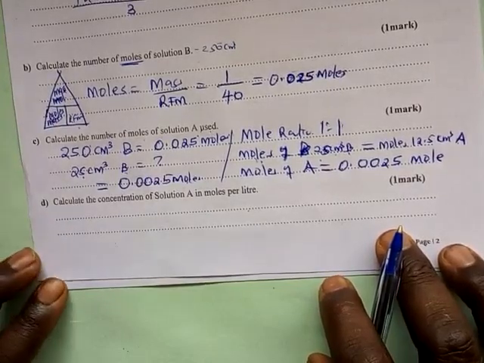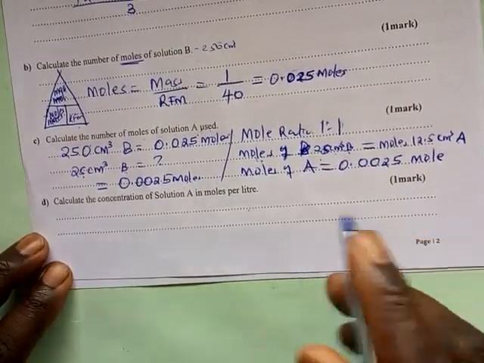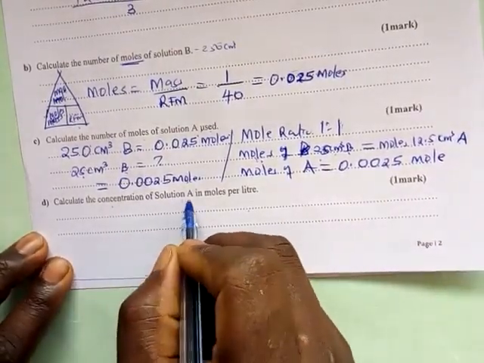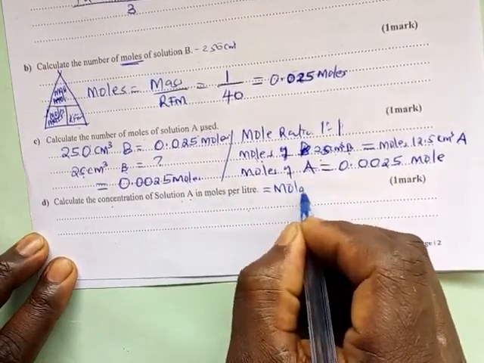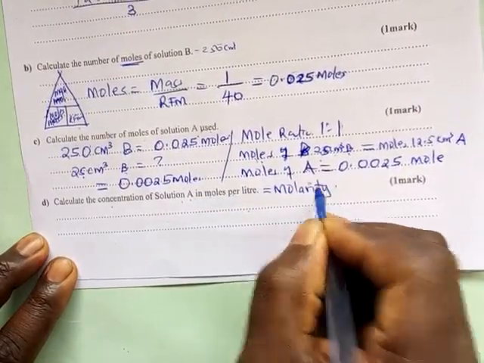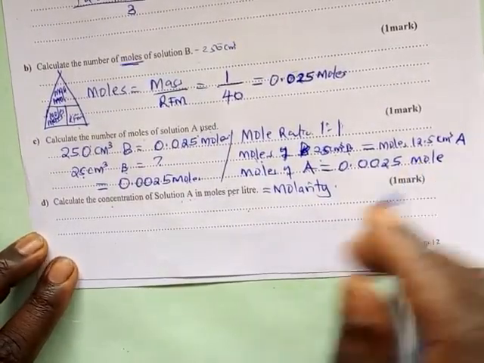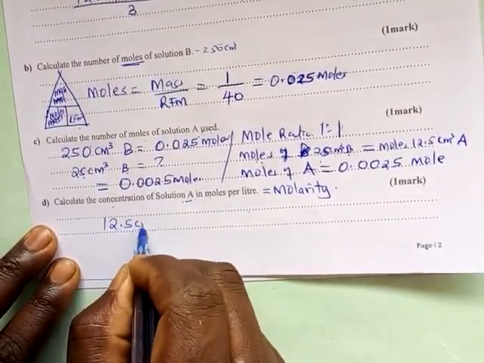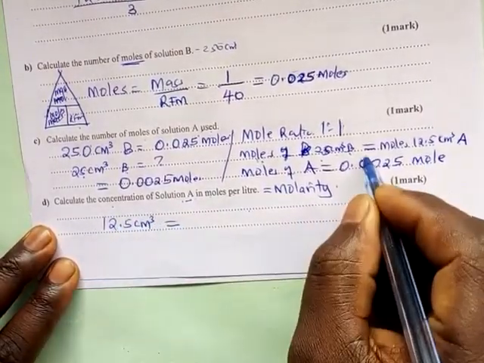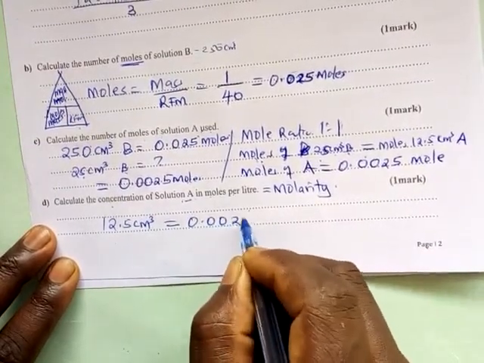Calculate the concentration of solution A in moles per liter. Concentration of solution A in moles per liter simply means molarity. We are calculating molarity. Molarity is the number of moles in 1 liter. So we ask: solution A, 12.5 centimeters cube, contains these moles, 0.0025.